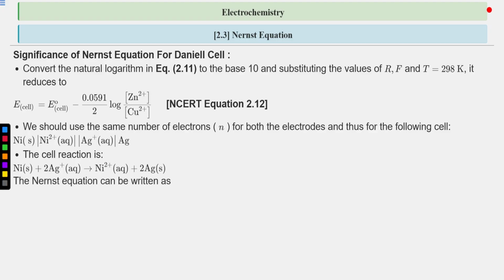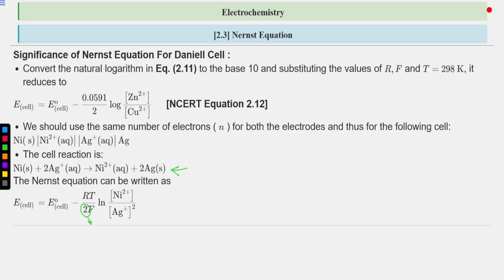Now the Nernst equation for this cell reaction can be written as E of cell, that is cell potential, equals the standard potential of cell minus RT by nF. Now n here is 2. Why? Because 2 electrons are participating in this redox reaction. Nickel is going from 0 to plus 2, which means it is losing 2 electrons.